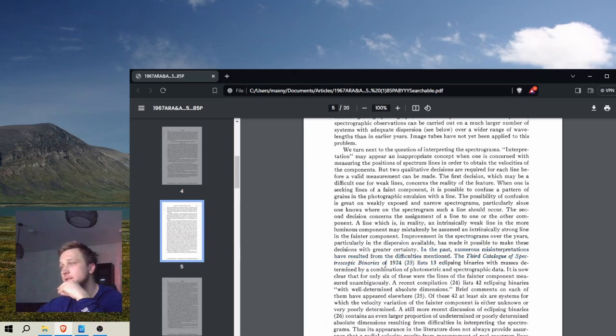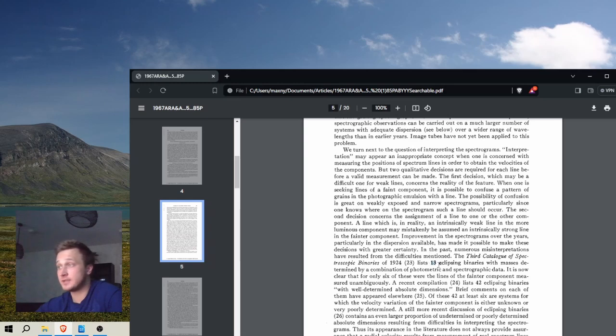The third catalog of spectroscopic binaries in 1924 lists 13 eclipsing binaries with masses determined by a combination of photometric and spectrographic data. It is now clear that for only 6 of these were the lines of the beta component measured unambiguously.